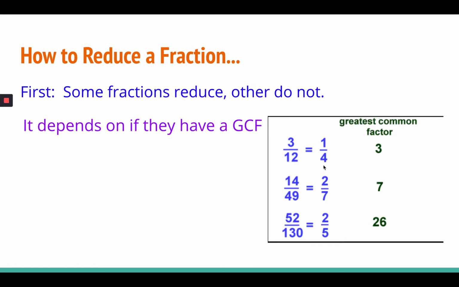So let me break it down real simple on how you go from a fraction to a reduced fraction. So first you determine if there's a GCF. I'm going to use 4/14 as my example, and there is a greatest common factor. It's 2. 2 is the largest number that goes into both 14 and 4.